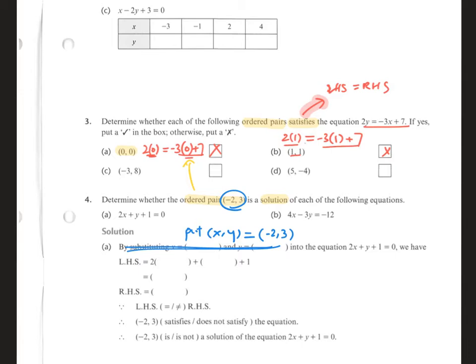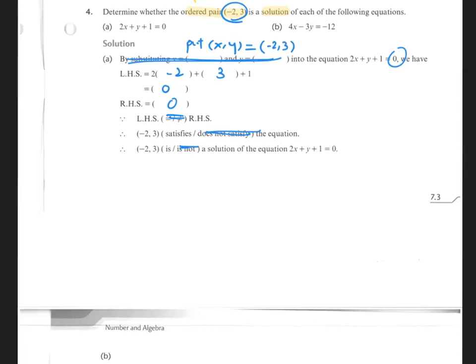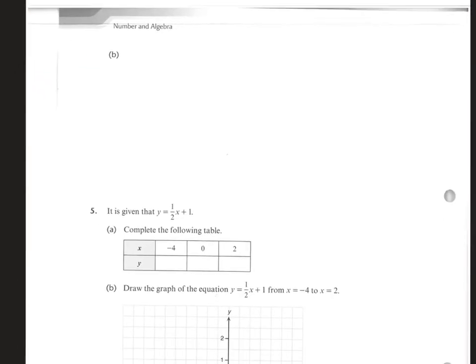The left hand side becomes 2 times minus 2 plus y, that means 3, which gives you 0. The right hand side is 0, so they are equal and satisfy the equation, and it is also a solution of the equation. Okay, so we have finished up to number 4. 4b, I leave it for you.